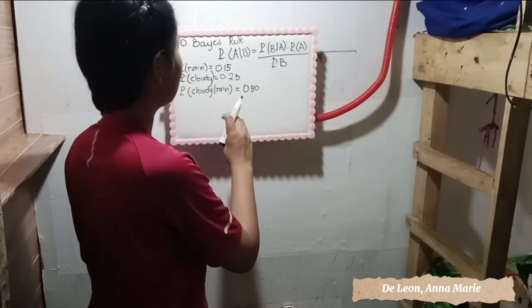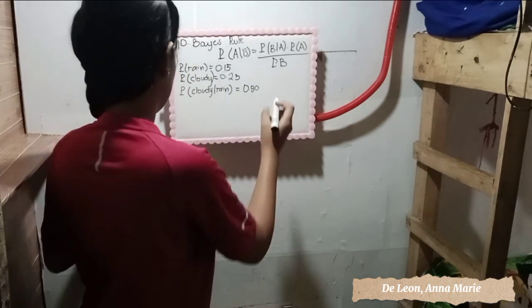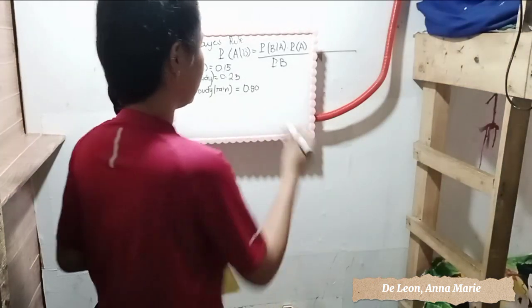So we're going to find the probability of rain given cloudy.